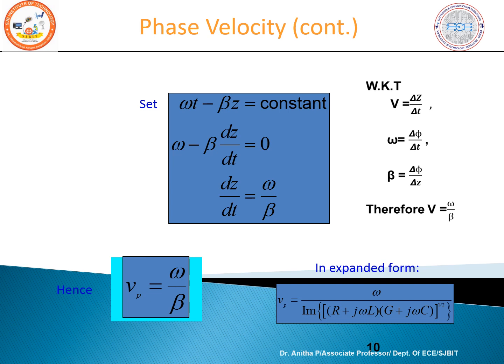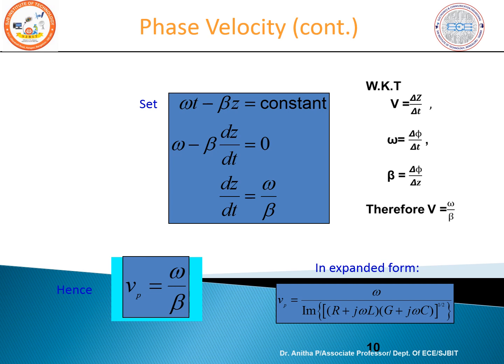Or you can also represent it this way: we know in general velocity is delta z by delta t, distance by time. And omega is the angular frequency, indicating the variation of phase with respect to time, which is delta phi by delta t. The unit of angular frequency is angle per second.